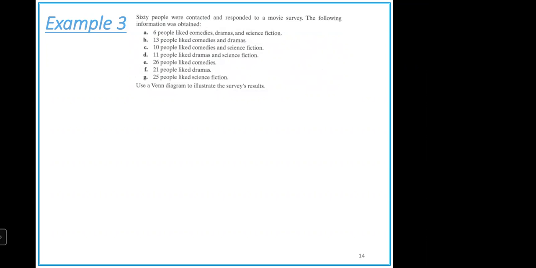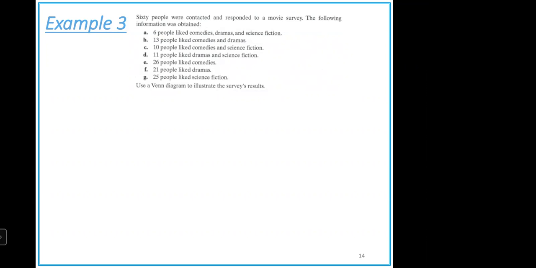It goes on to tell you that 13 people like comedies and dramas, 10 like comedies and science fiction, 11 like dramas and science fiction, 26 like comedies, 21 like drama, and 25 like science fiction.